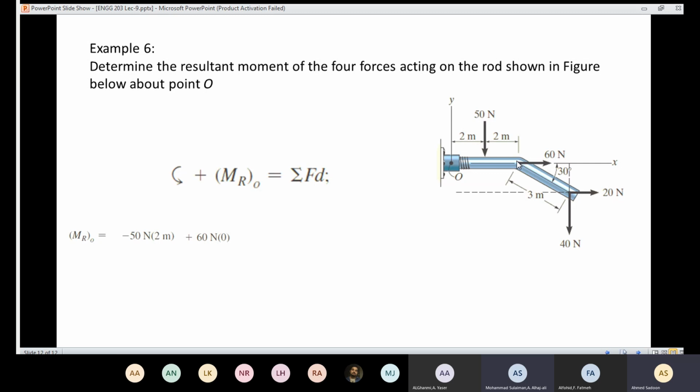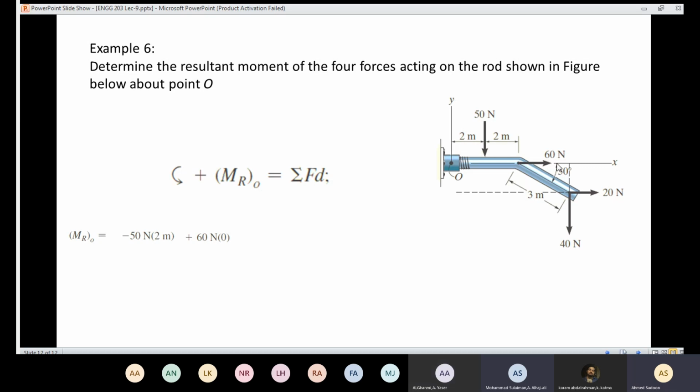I don't want that distance. I want that distance here. 3 cosine 30. So in that case, I'm going to have 3 multiplied by cosine or sine 30? Cosine. Sure. Yes. This one is 3, and this one is 30.